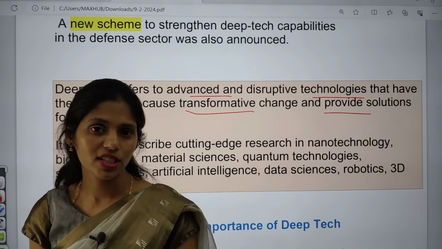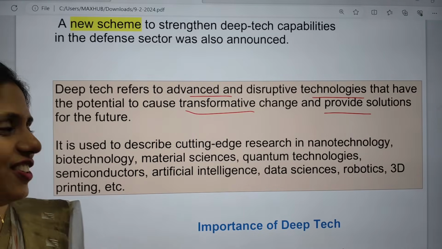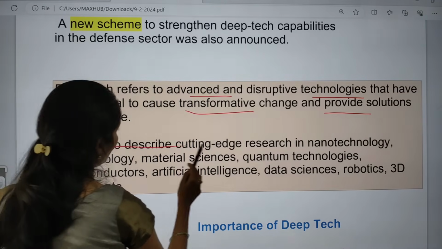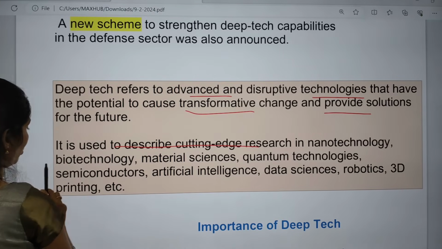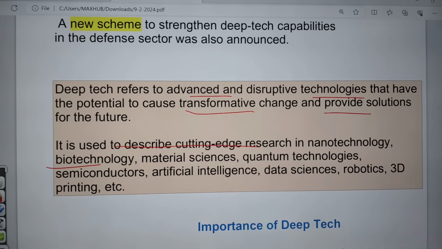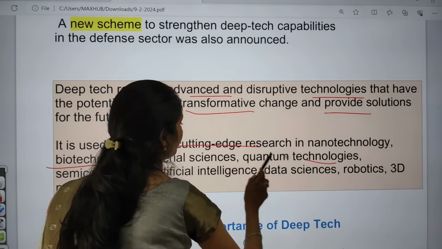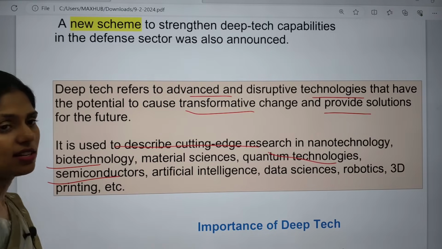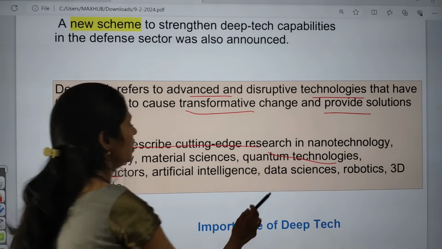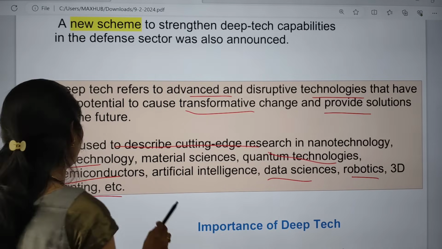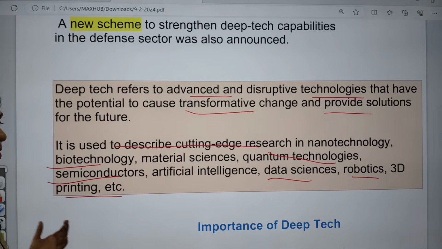So if you are investing in this deep technology, then you will have a good future. It is used to describe cutting edge research in nanotechnology, biotechnology, material sciences, quantum technology, semiconductors, even artificial intelligence, data sciences, robotics and 3D printing. So all these things are present in this R&D.